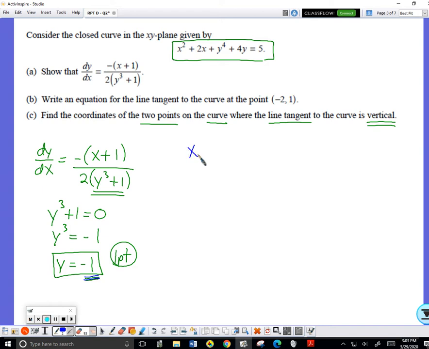So we have x squared plus 2x plus the y value, -1, to the 4th. -1 to the 4th power will be +1.